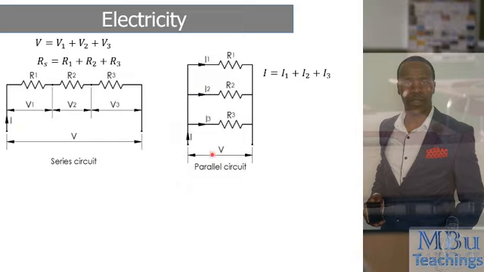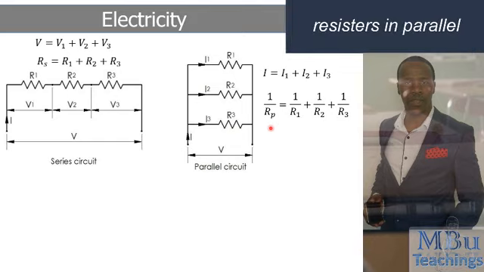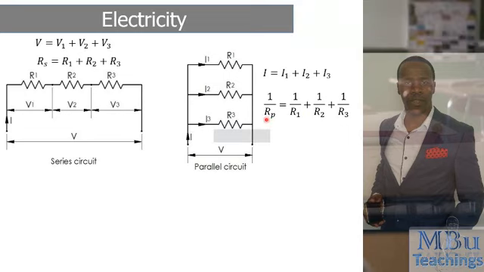When we go to the parallel circuit connection, we have our current flows being added up. We also have our resistors being added up, but this time we are adding them as reciprocals. So we will have 1 over RP, the resistance for parallel connection, which equals 1 over R1 plus 1 over R2 plus 1 over R3.